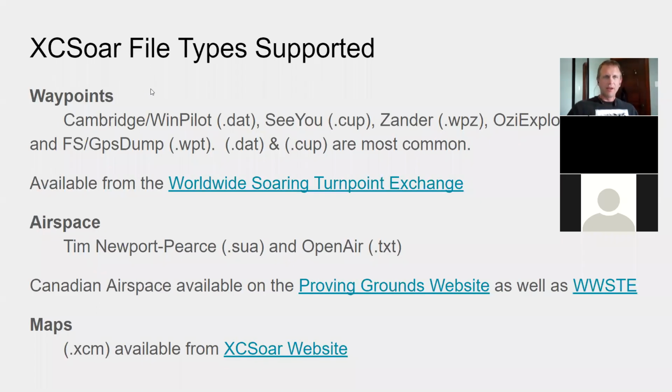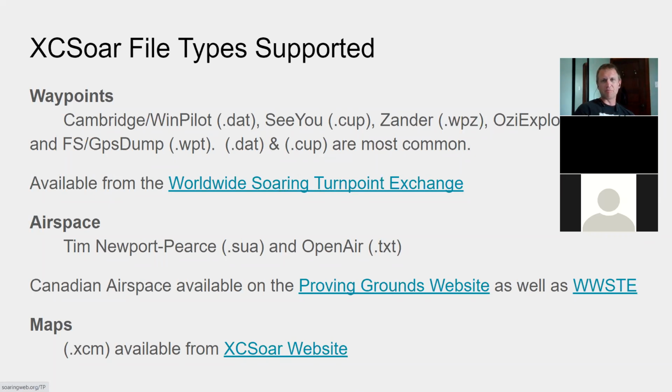So the different file types. There's DAT, CUP, the Xander file, Aussie Explorer, but the two common ones are DAT and CUP for waypoints. Now, if you've been to the Worldwide Soaring Turnpoint Exchange, if you download the PDF, there'll be a clickable link there that you can go straight to it.